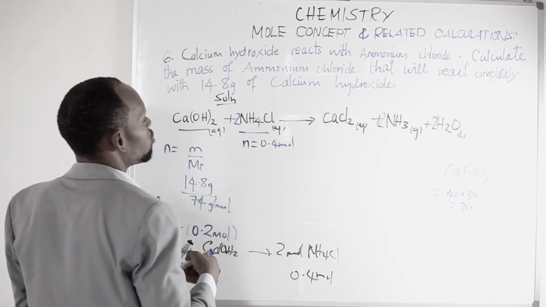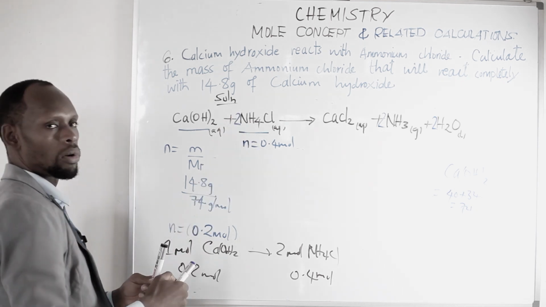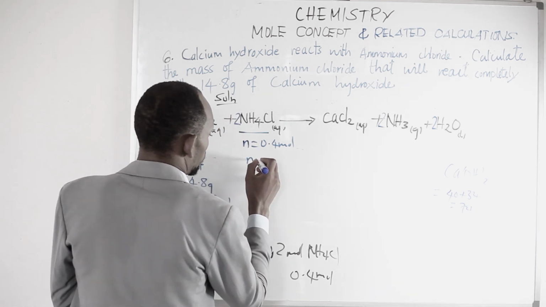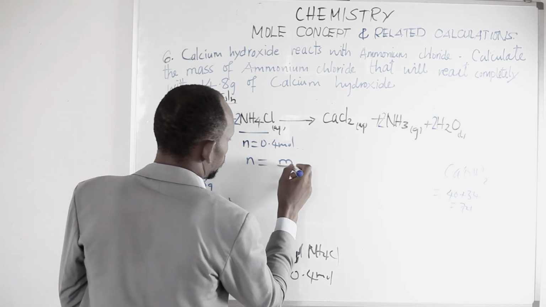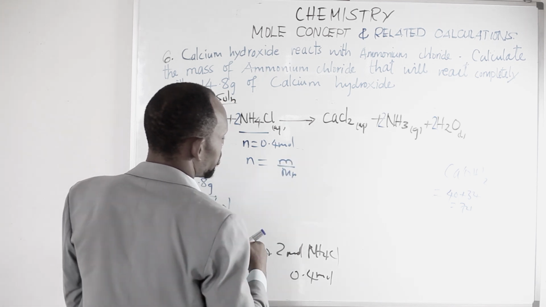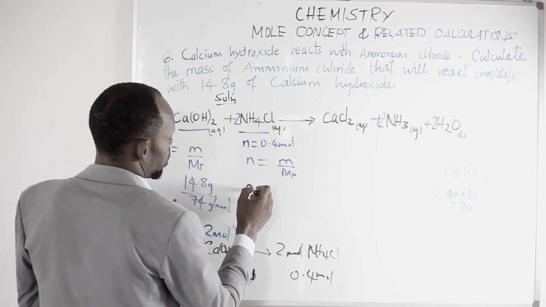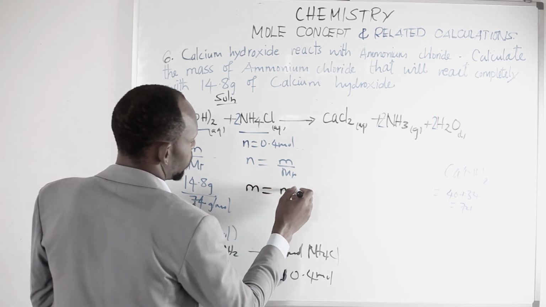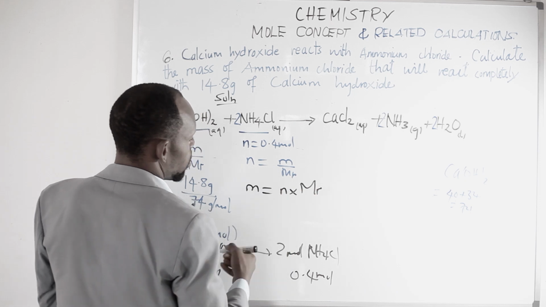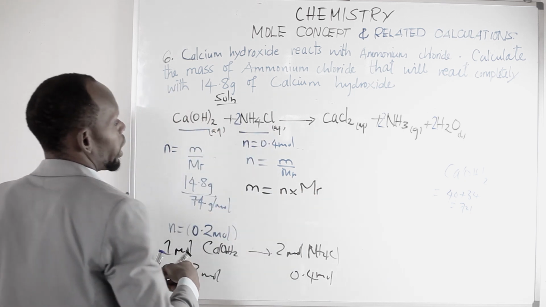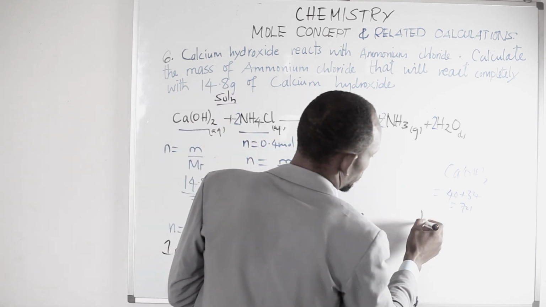Now I am required to find the mass of ammonium chloride. From the formula, number of moles is equal to mass over molar mass, but I am required to find mass. So cross multiplication there, you find mass is equal to number of moles times the molar mass. What is the molar mass for ammonium chloride? Let us do it in summary here.